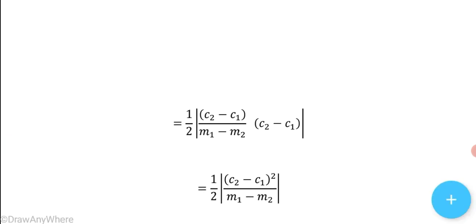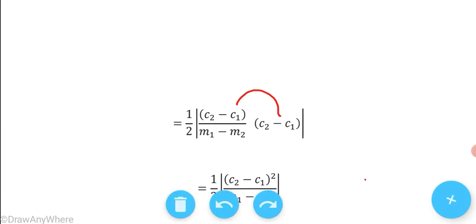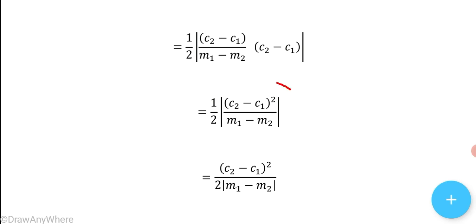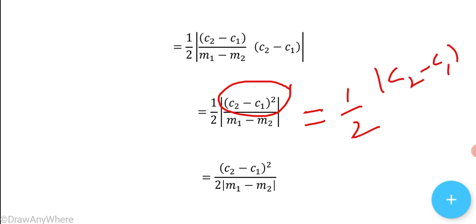So c2 minus c1 into c2 minus c1 equals c2 minus c1 the whole square, divided by m1 minus m2.